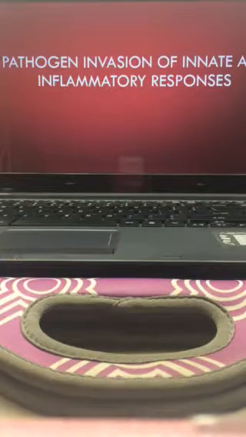The activation of these various immune cells requires the right sensing of the pathogen. So before they can even go and attack these, they have to actually sense it correctly.